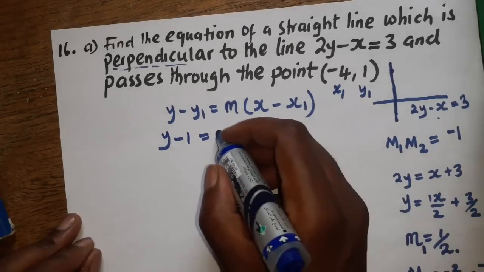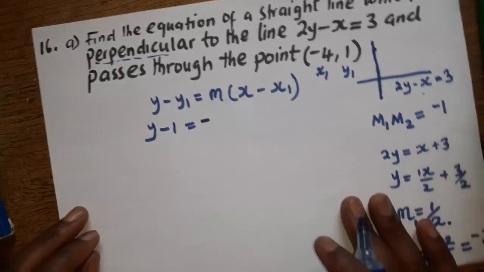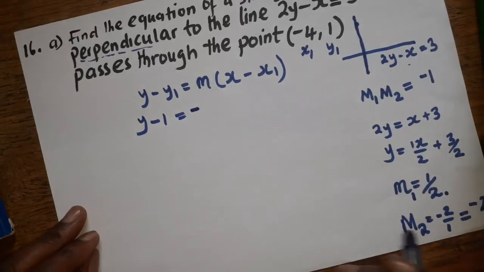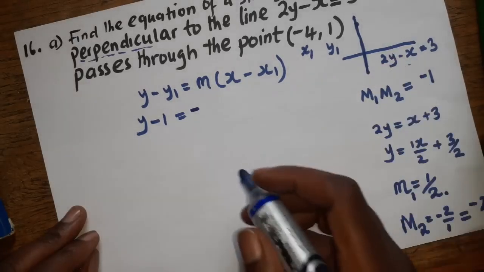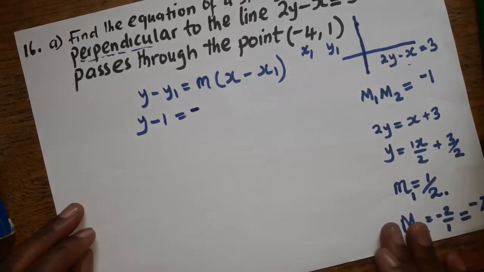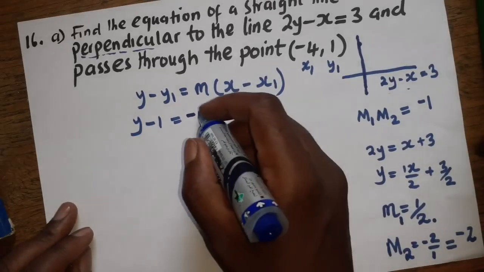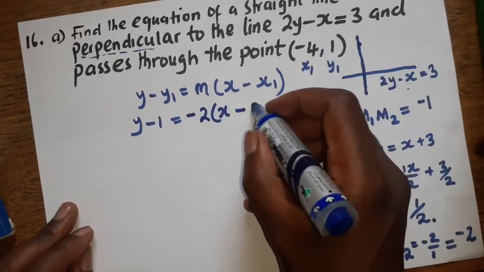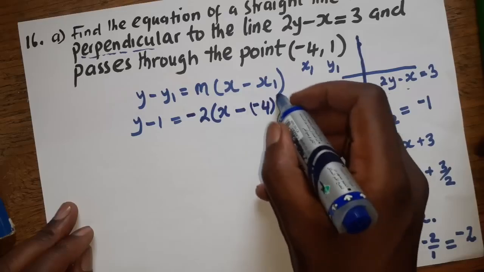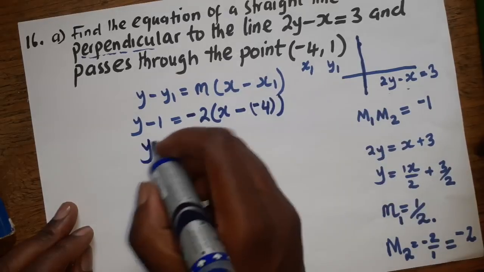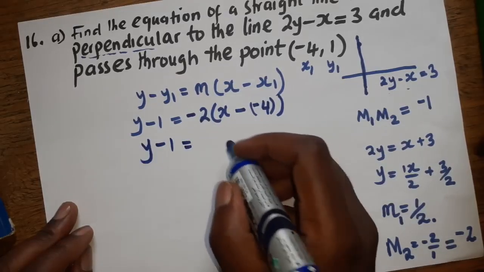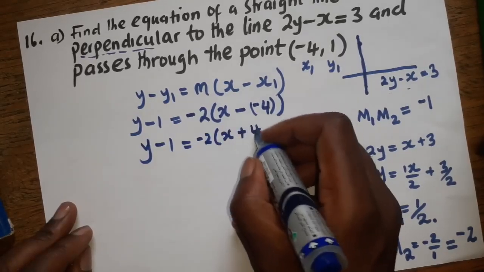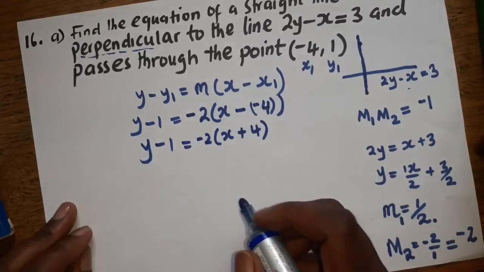Our m in this case, because this is perpendicular to the other equation, is negative 2. So we have negative 2 times (x minus negative 4). Take note of that. So we say y minus 1 equals negative 2x plus 4, because of the negatives here.